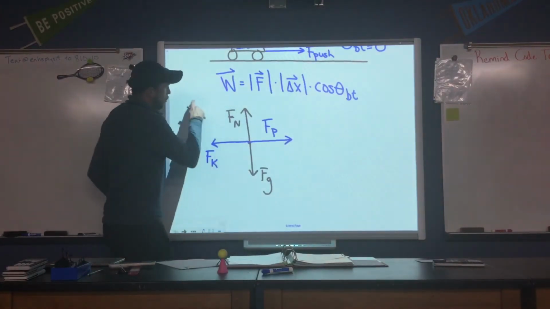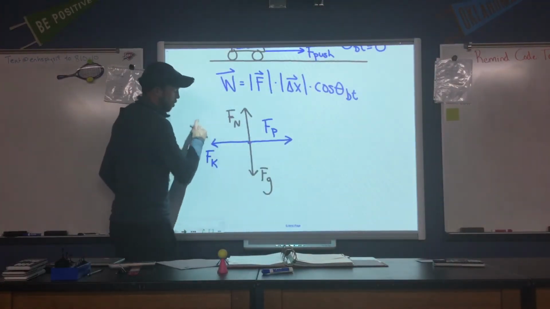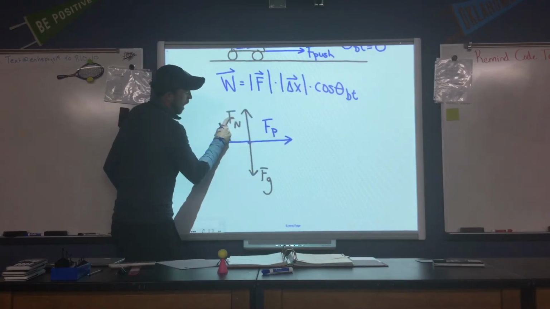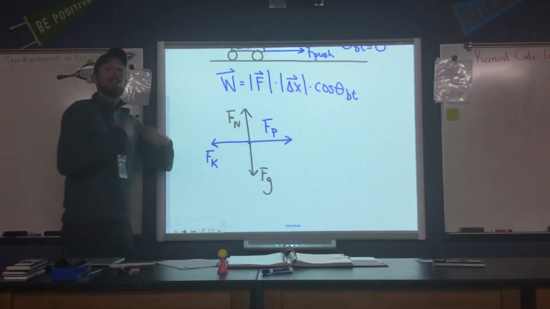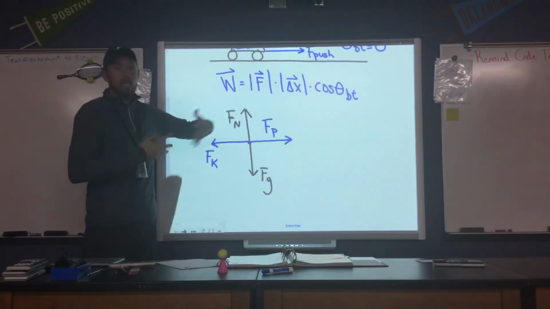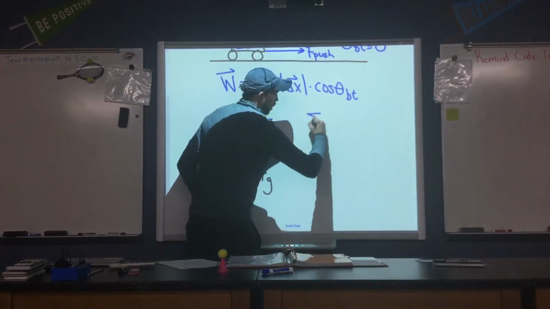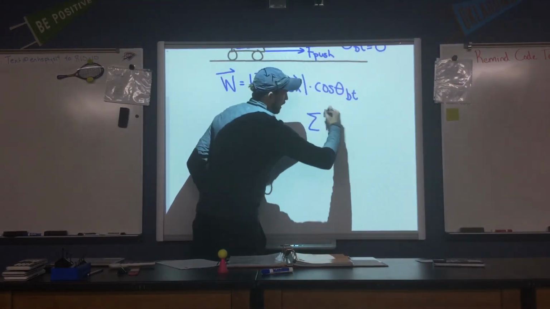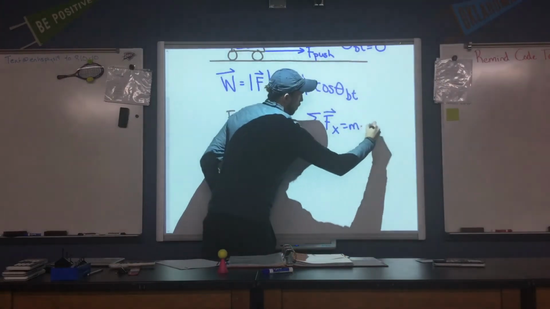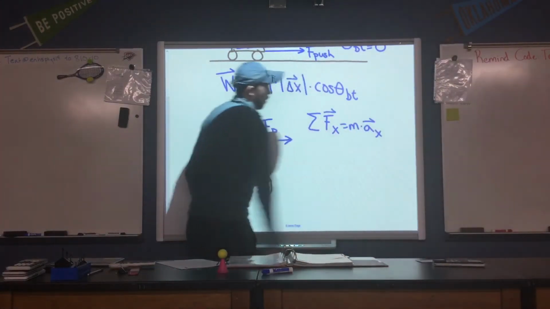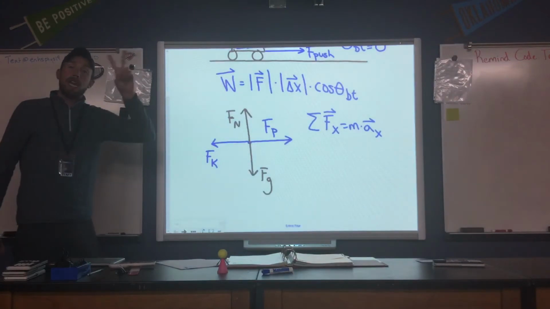So at this point, we need to figure out our push force. That's the force we apply to get the cart moving. So we maybe look at Newton's second law, specifically in the x direction. Sum of forces equals mass times acceleration. Now in the x direction, we have two forces.